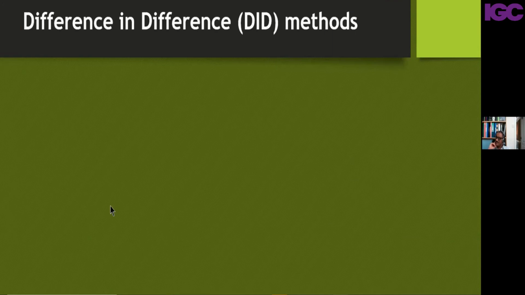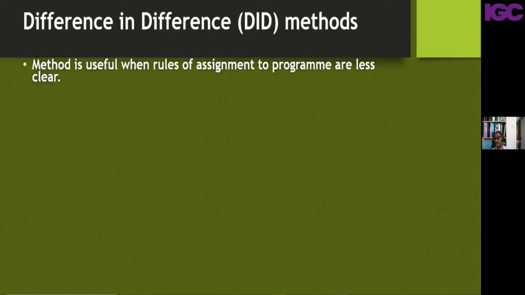So the next method I want to look at is the difference in difference method. Now, this method is useful when the rules of assignment to a program are not very clear. So, for example, in the previous example, we said that anyone who is below 50 hectares is eligible to participate in the program. But there are many programs where these rules of eligibility or rules of assignment to a program are less clear.